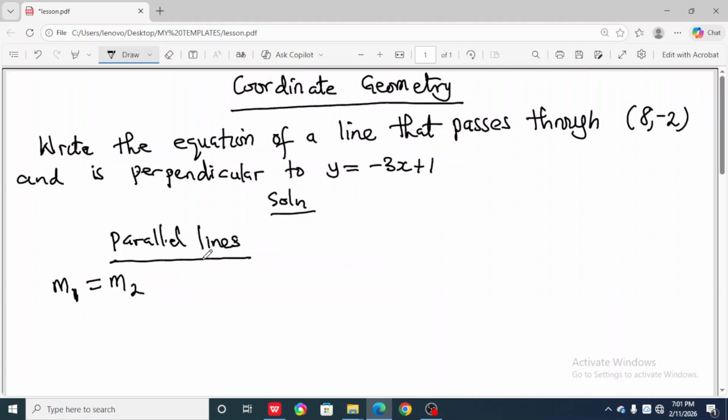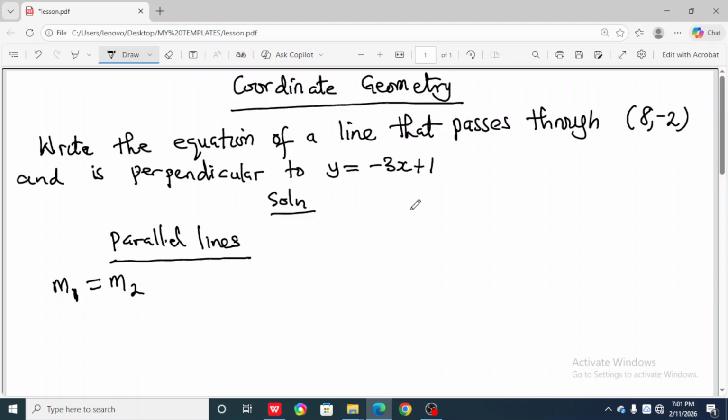So when two or more lines are parallel, their gradients are always equal. Even with three lines with gradients M1, M2 and M3, M1 must be equal to M2, which must be equal to M3. So that is that for parallel lines.